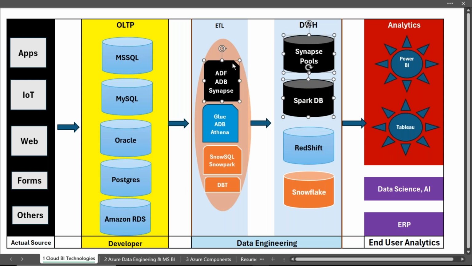This is Azure data engineering. If it is AWS engineering, it involves a separate set of ETL: Amazon Glue and Athena. These are ETL, mostly working with Amazon RDS. And Redshift is their warehouse.